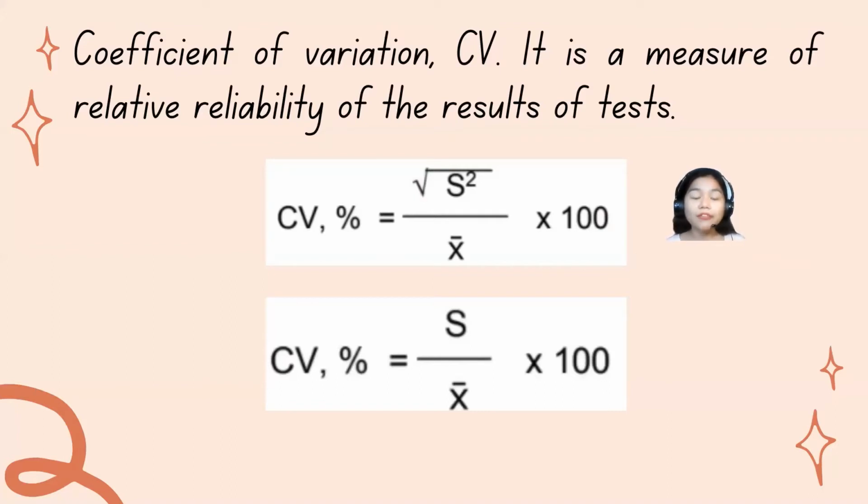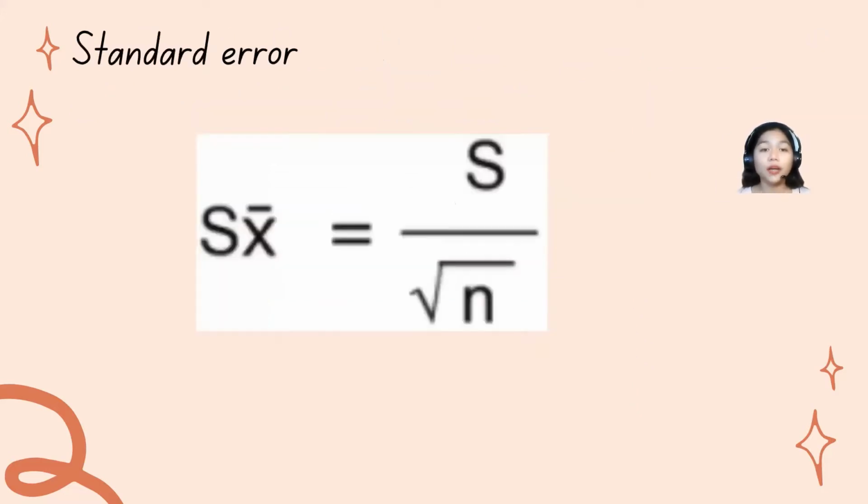If the standard deviation is not given but the variance is, let's just get the square root of the variance. But if the variance is not given and the standard deviation is given, simply divide the standard deviation by the mean times 100 to get the percentage of the coefficient of variation.